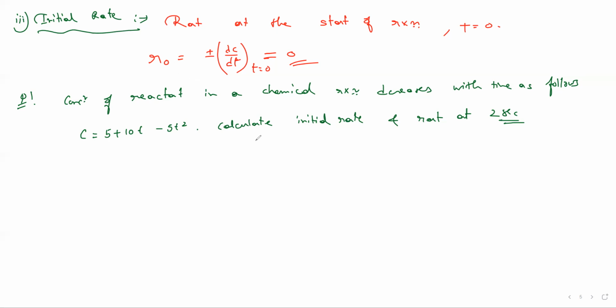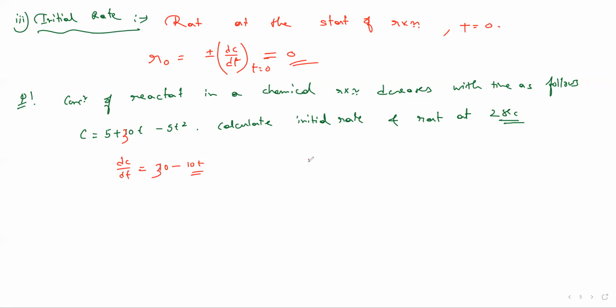Completed. Now look at this one, how can you solve this particular type of question? We can write dc by dt, just differentiate all of this. After differentiating we get 10 minus 10t. Okay, instead of 10 just write down 30, that should be better. 30 minus 10t.